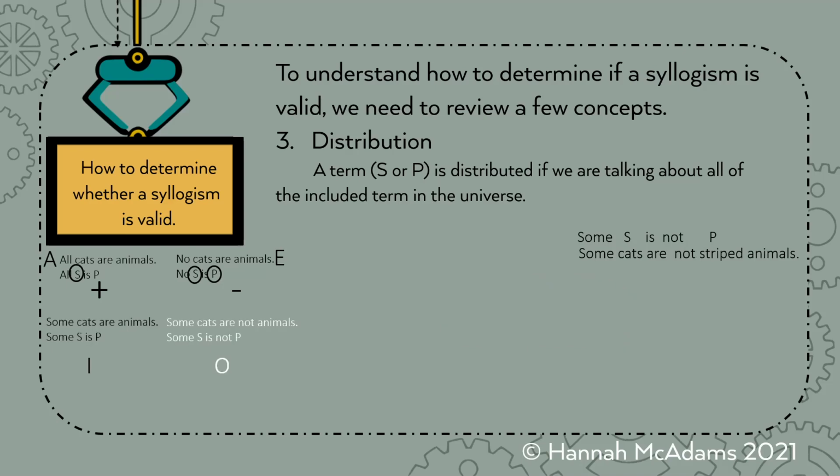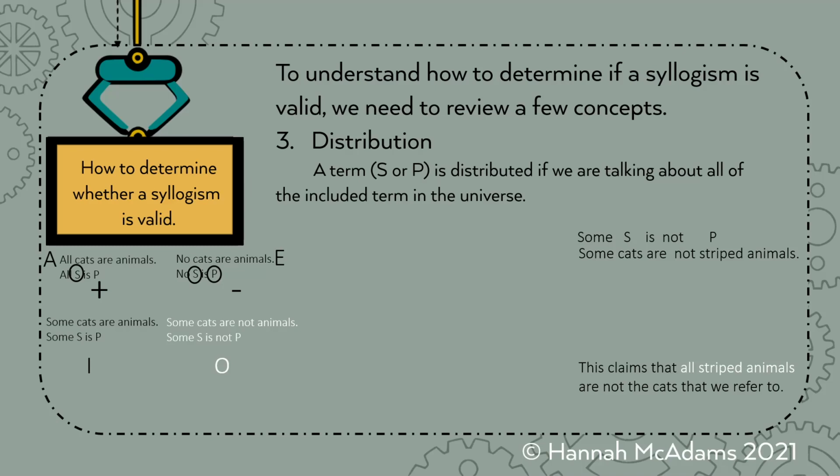All right, now look at this one. Some cats are not striped animals. This one is the hardest for me to explain and kind of the hardest for me to understand, and I can't really draw a picture either. What this is inferring is we're not talking about all the cats, obviously, because we just said some cats, but we are talking about all the striped animals that are not cats, okay?